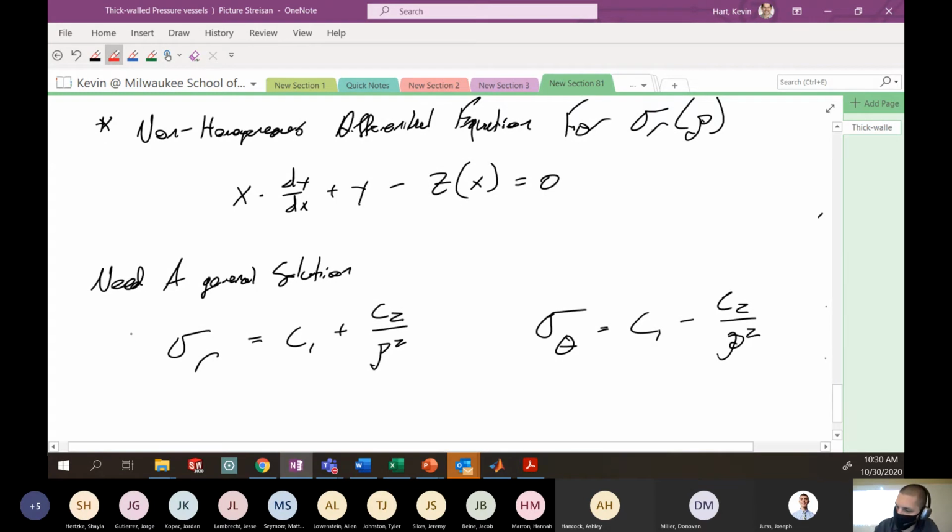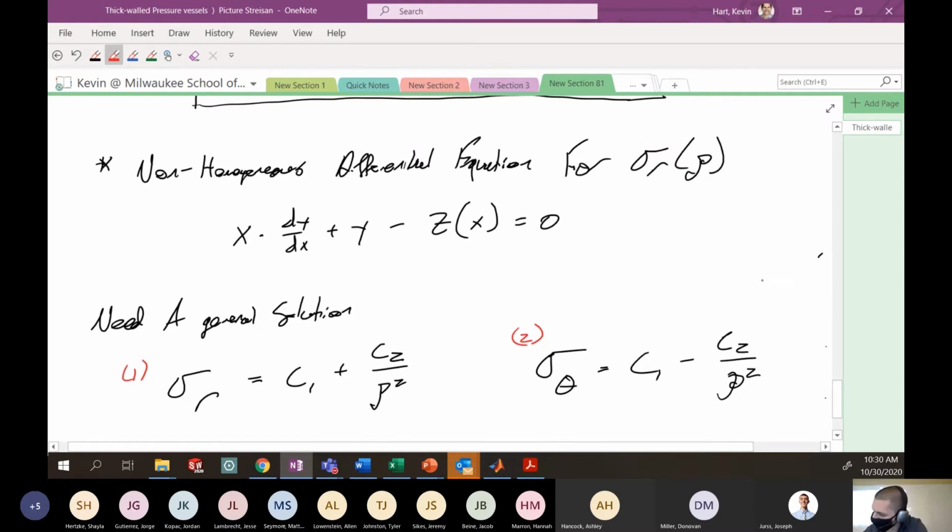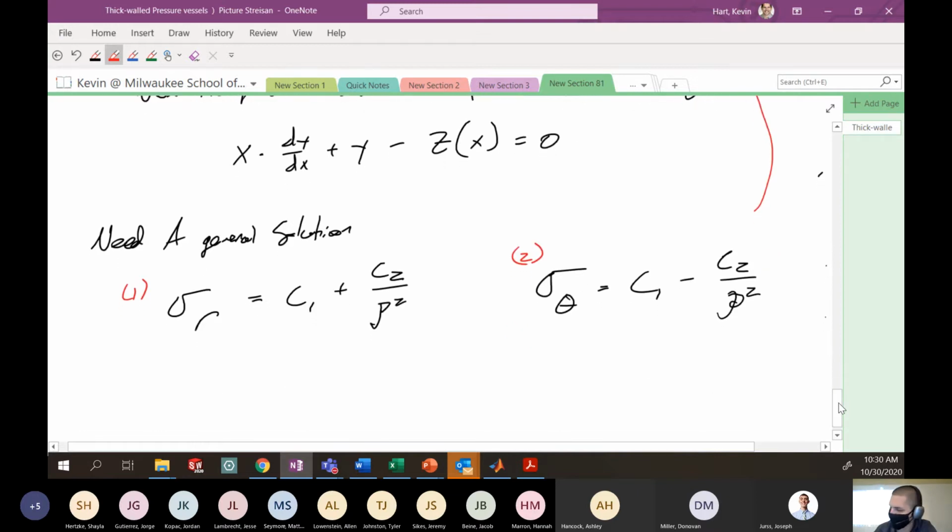You put these two general solutions back into what we derived up here, and your expression will be true every time, regardless of the values of C1 and C2. That's what it means to be a general solution. So here's your general solution.